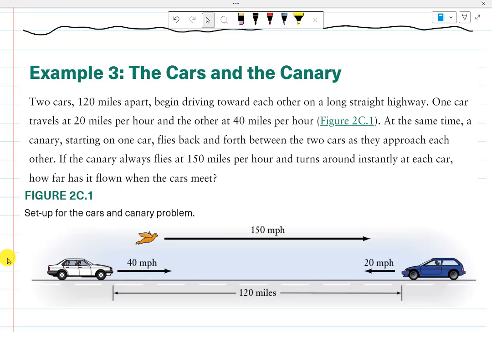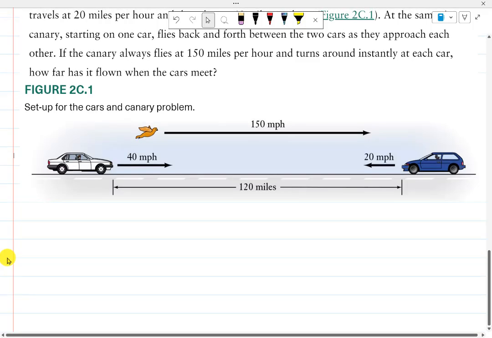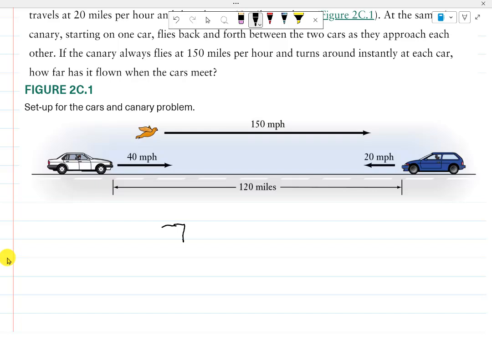So, if you don't think about the right thing, you could play with this problem all day long if you don't see the right thing to look at. So let me draw a picture here. Let's take a look at what's happened here. I'm just going to make little blocks of the cars.